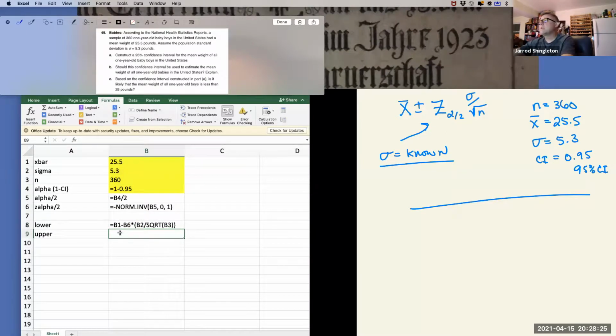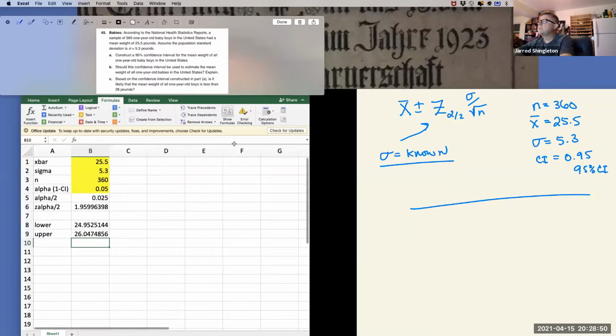This one's going to look very similar. I could just probably copy this formula and change it a little bit, but we'll rewrite it anyway. This is x bar plus z alpha over 2 times sigma divided by square root of n.